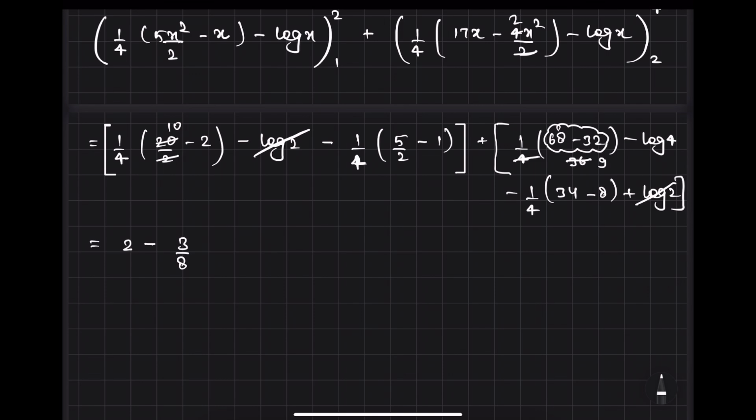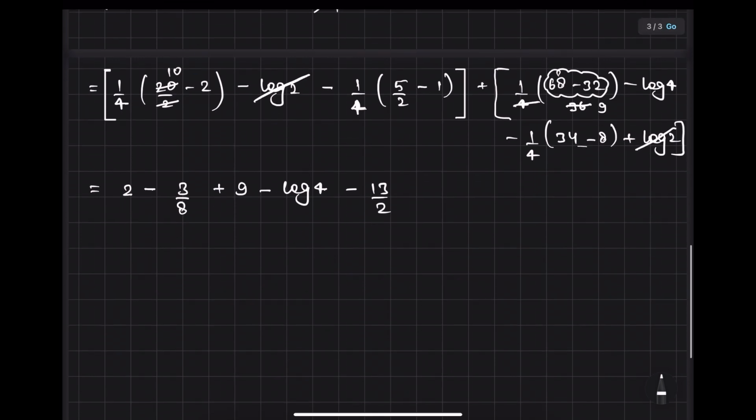So plus 9 minus log 4, and then this thing will become what? 26, so 13 by 2. These things you have to simplify.